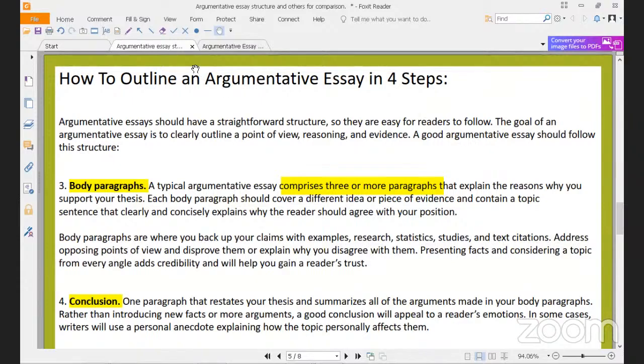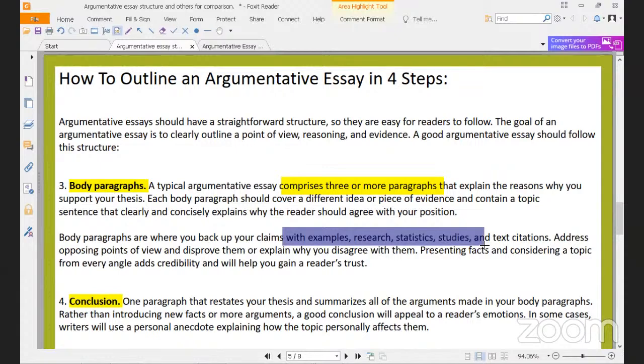And in this case, also, as Mauricio was explaining to us, we can use some examples, research information, statistics, studies, and citations as we have done in the previous essays. Okay. So let's go to number 4.